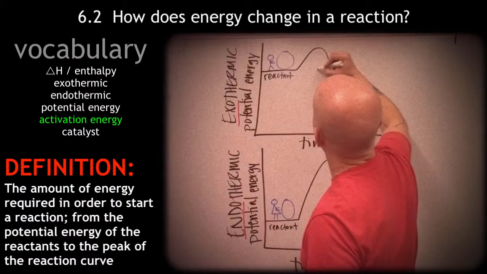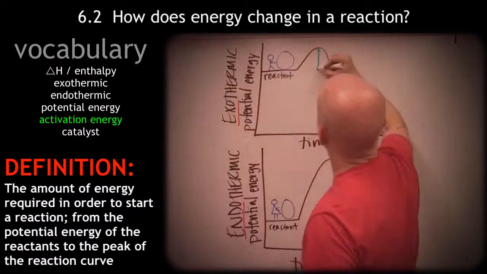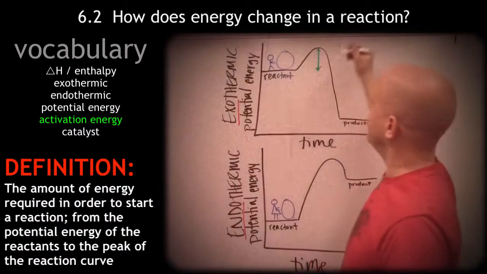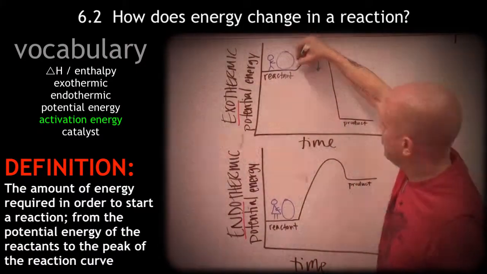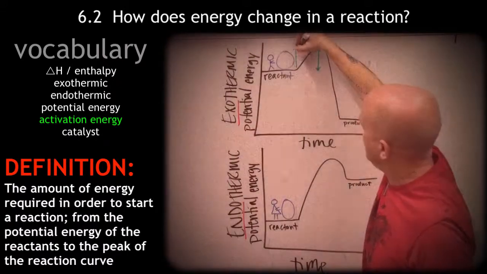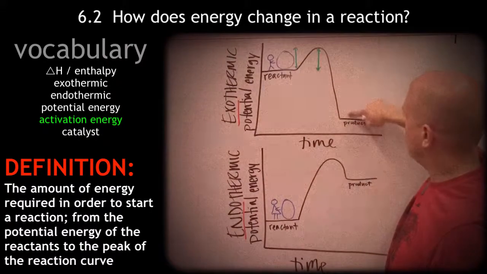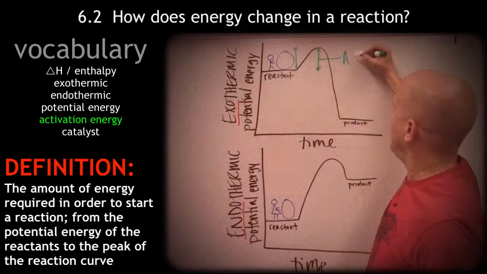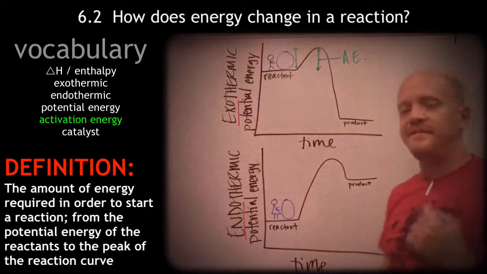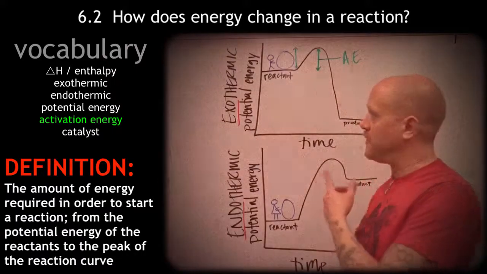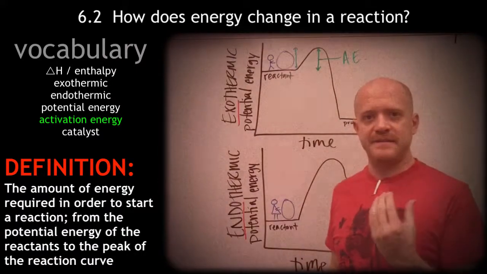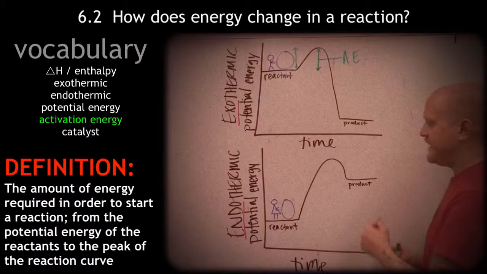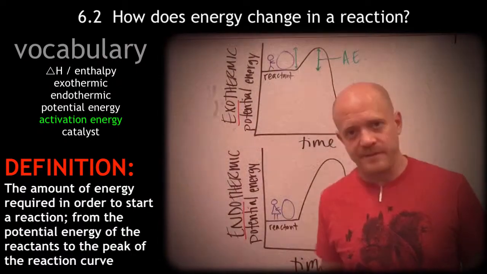And if you look here, the activation energy is measured in green. So this guy has to roll the ball this high in order to get the ball to roll on its own. This is the activation energy. The activation energy for an exothermic reaction is less relative to the activation energy of an endothermic reaction.